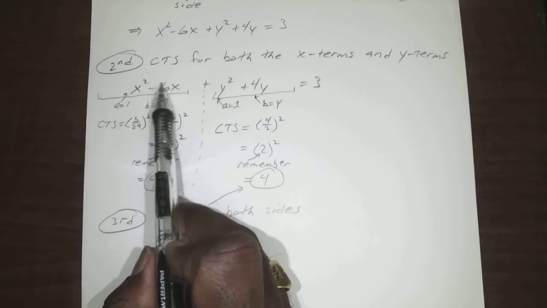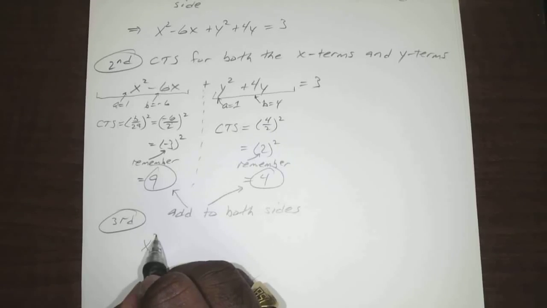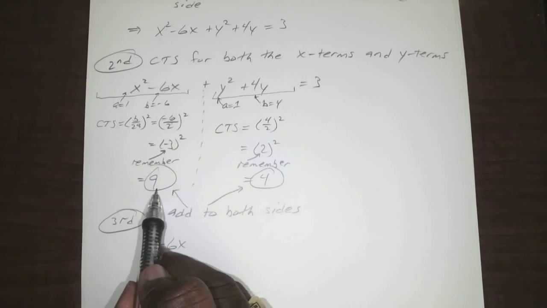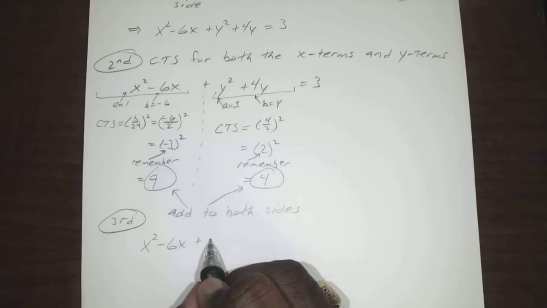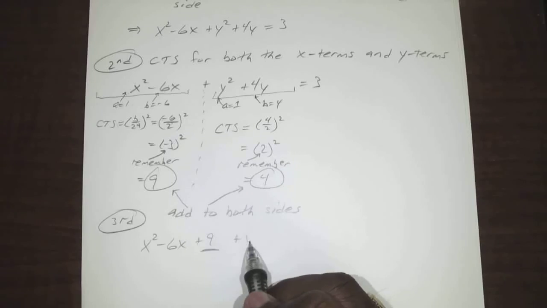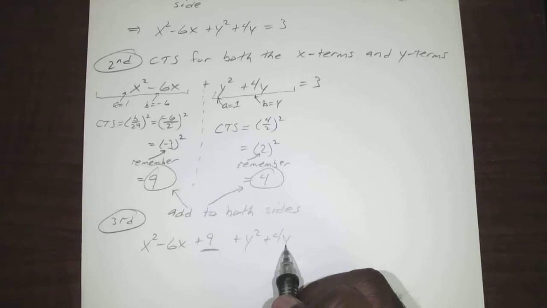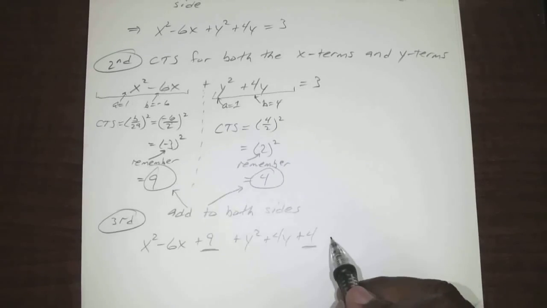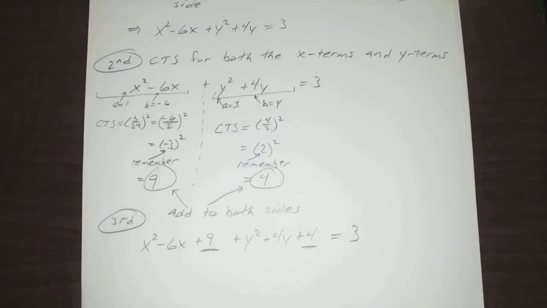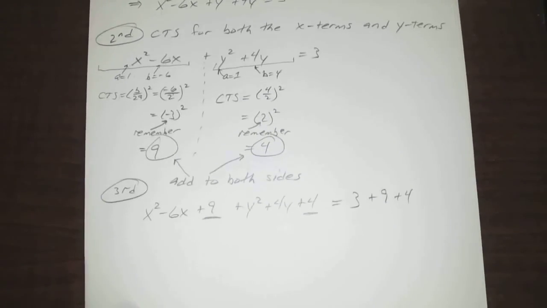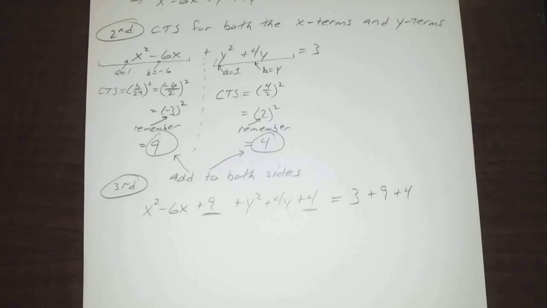So we have x squared minus 6x plus 9, so we're going to underline that one, plus y squared plus 4y, and this side was plus 4, equals 3. So if we added a 9 and a 4 to this side, we have to add a 9 and a 4 to that side. Can't do something to one side of the equal sign and not the other.